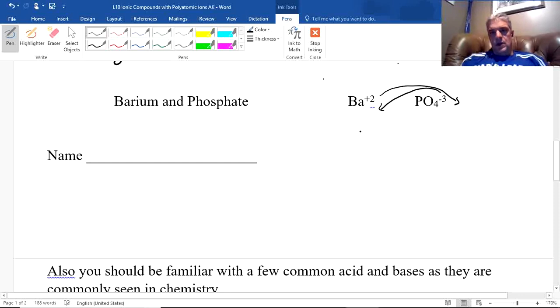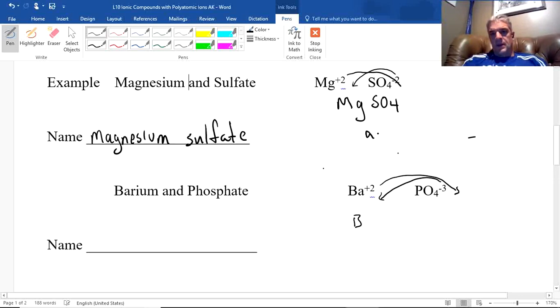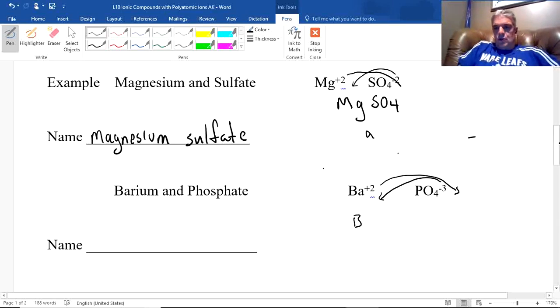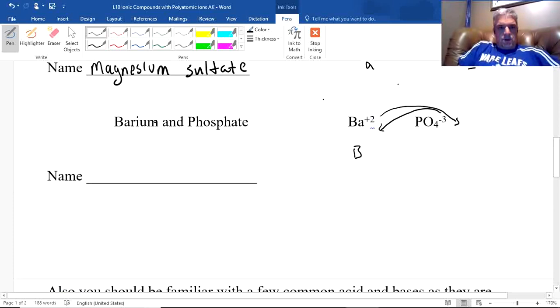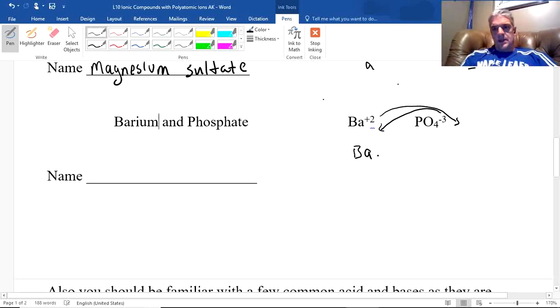So we're going to get barium, 3 is coming here from the -3, brings it over. So that would in fact give us a total of +6.